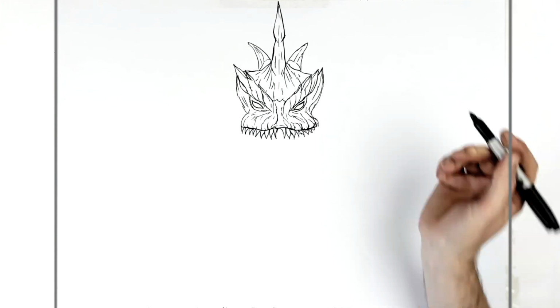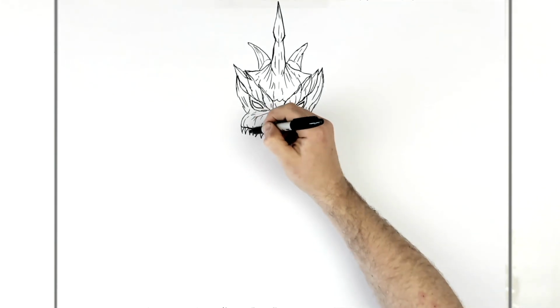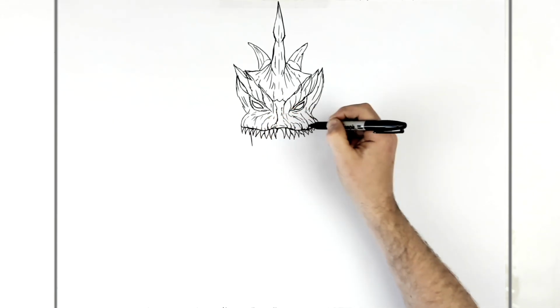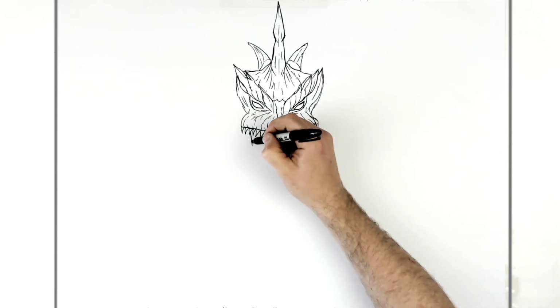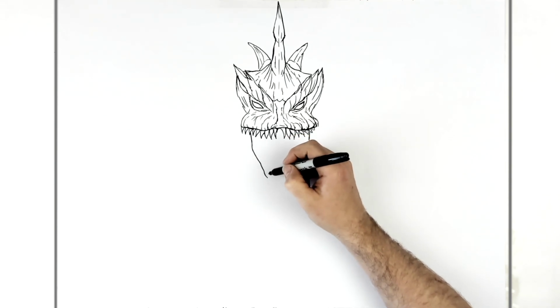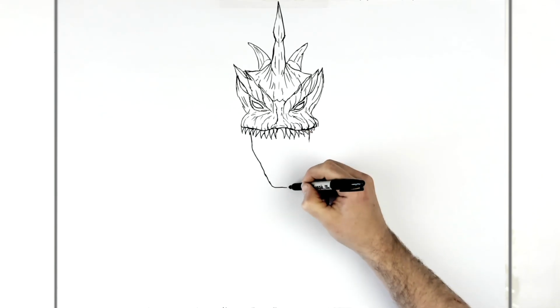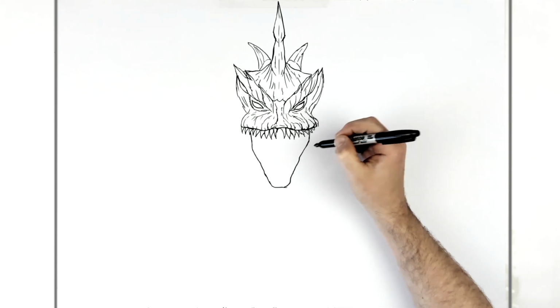Right, kind of like that. And then his jaw, so a big old jaw comes down from here. Bottom jaw, should I say. Like so, and then comes down, bumping, down to here. His chin can be pointy or flat. It's kind of up to you. Right, like so.